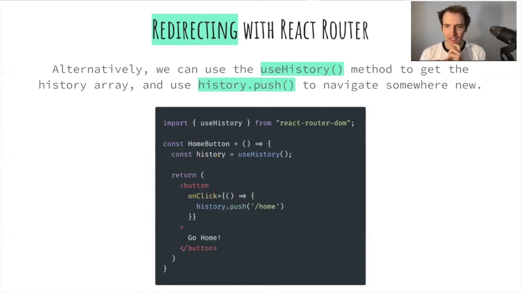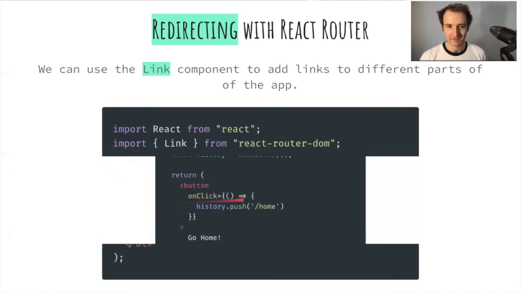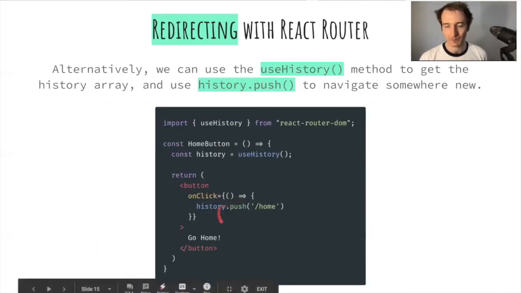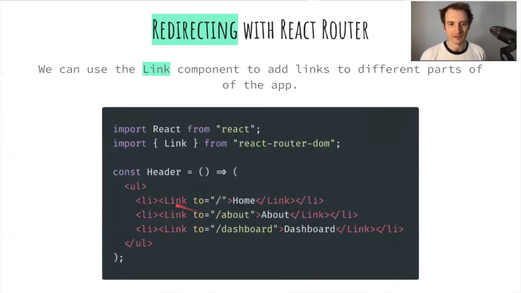And using the history.push method, we're essentially saying, okay, add this new route onto the history of routes that we've been on. So this essentially redirects us to whichever page we put into these parentheses. This is the same thing that's happening here as in this screen, except here we're programmatically redirecting using JavaScript rather than using this link tag that we get from React Router DOM.